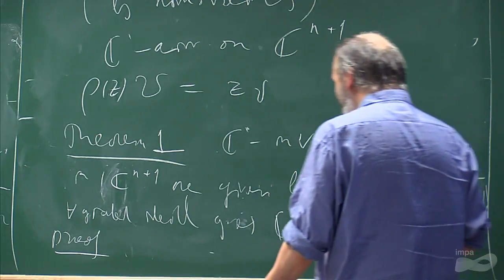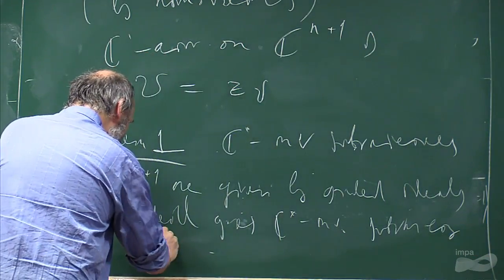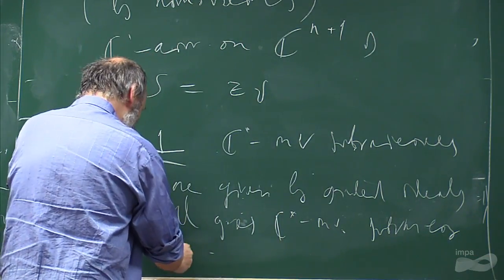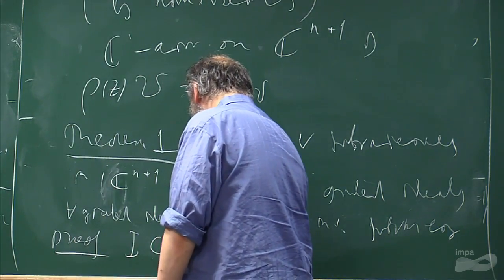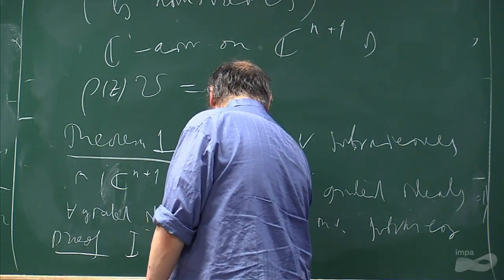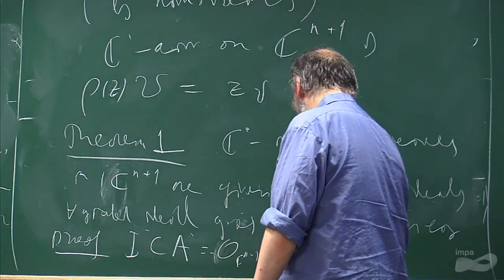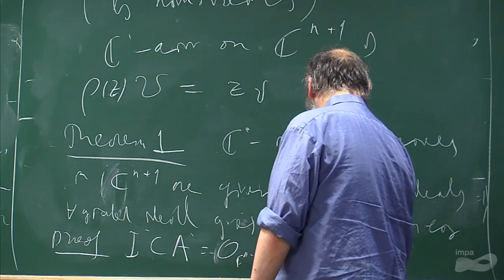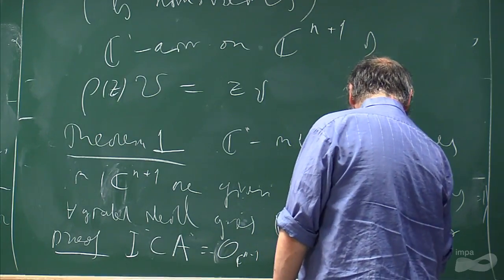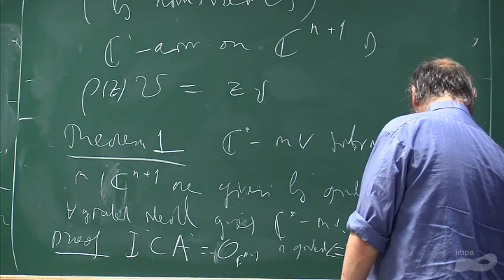So a subspace I inside your ring A star, which is just polynomials O of C^(n+1), is graded if and only if I star is C-star invariant.